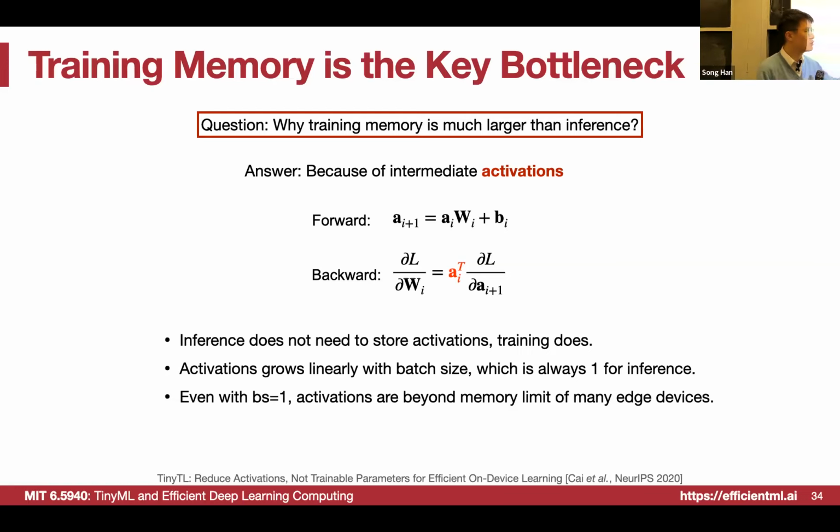Activations also grow linearly with the batch size if you want to do batch training. But for inference on the edge, the batch size is 1. And even with training at batch size of 1, if you want to use other methods like federated averaging or gradient accumulation, activations are beyond the limit of many edge devices.